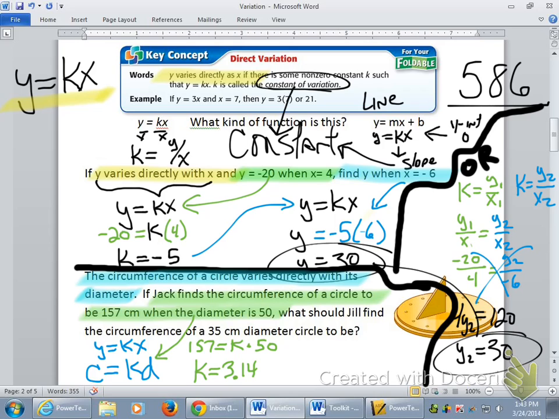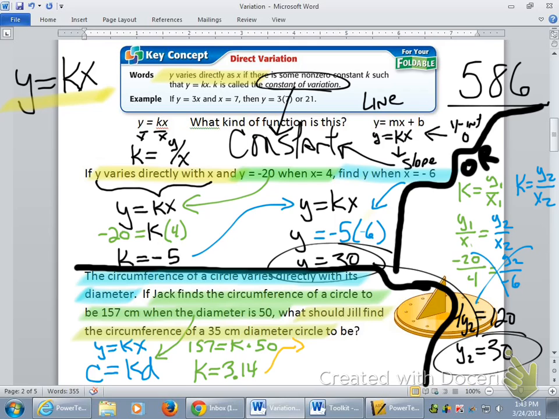Okay? Now, how can that information help Jill? It says, what should Jill find the circumference of a 35 diameter circle to be? So now Jill has to use the information that Jack found out. How's she going to do that? She's going to plug it in.